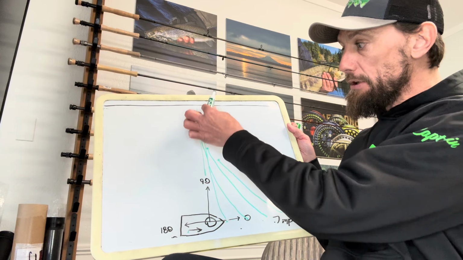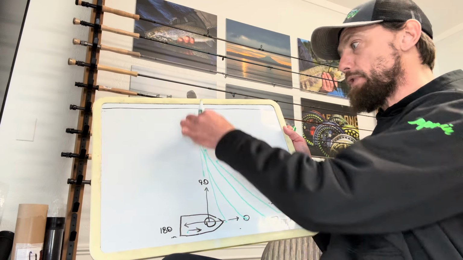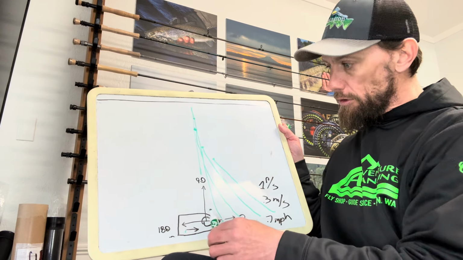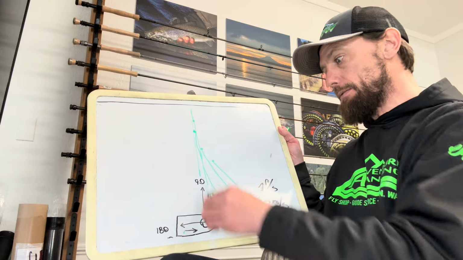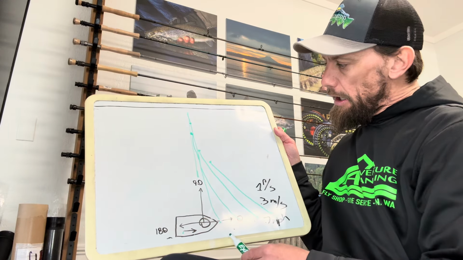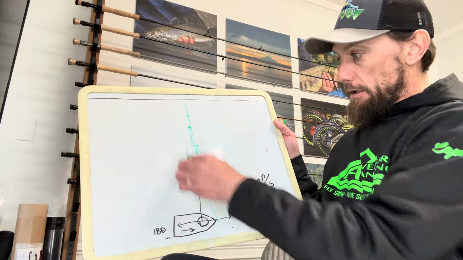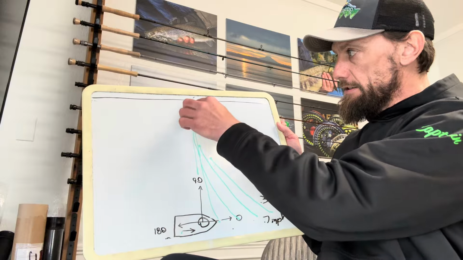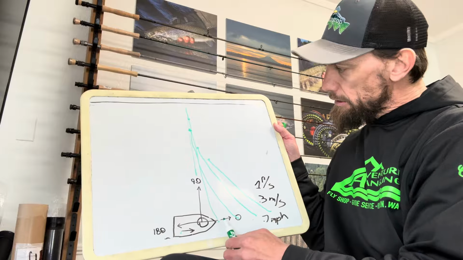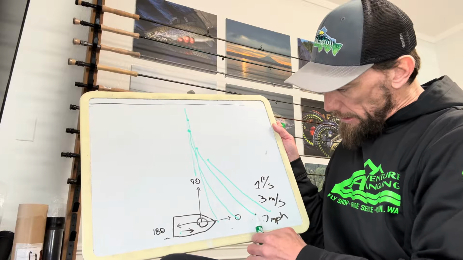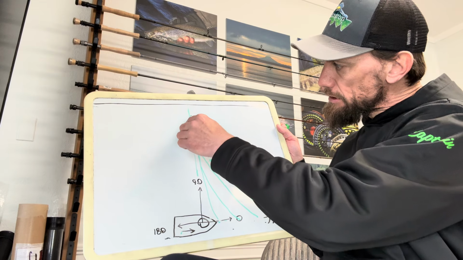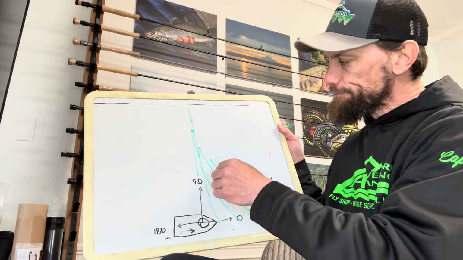A 90-degree angle, a cast that's straight in, not only is it the most likely to reach the shore because it's the shortest distance from the boat, or let's just say the angler, to the shore, right? It's the easiest to make the cast, but it also allows the angler to pull the fly along as the boat goes along and to pretty soon get it going in the right direction.